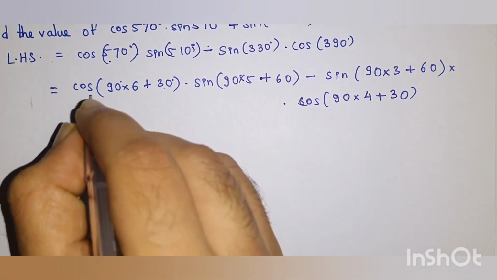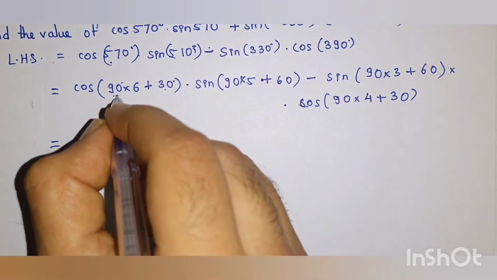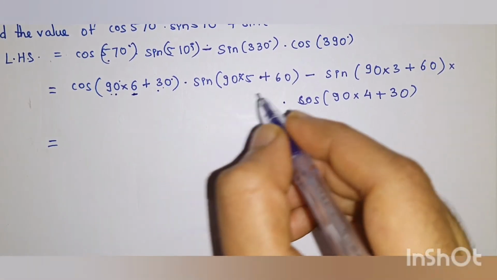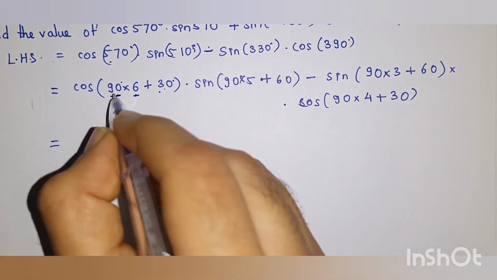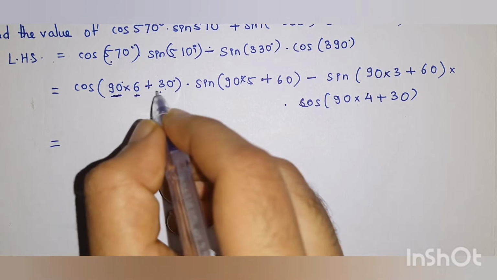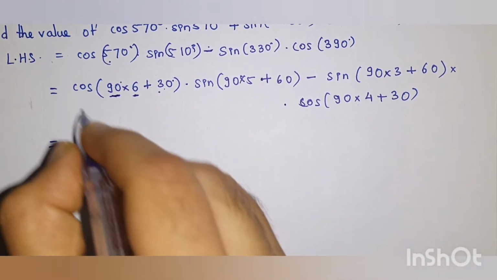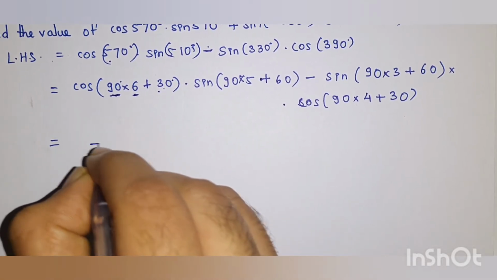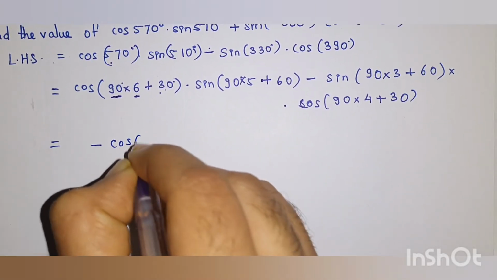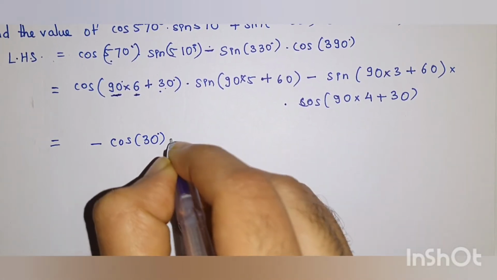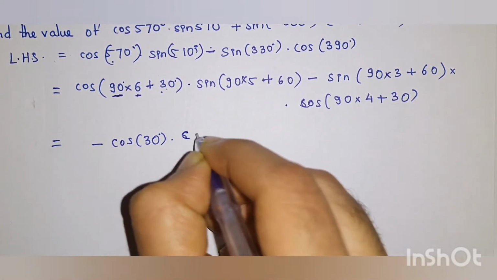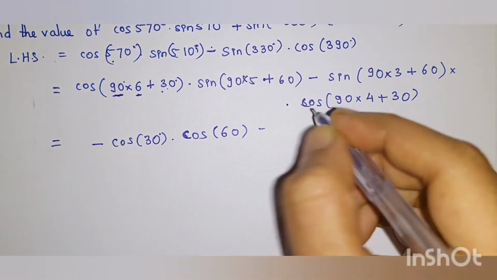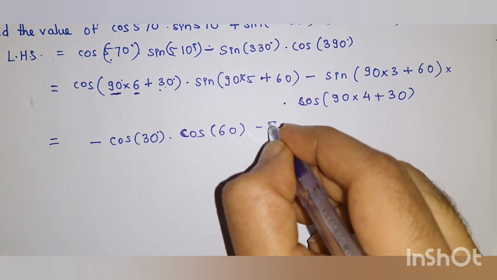Now further, for cos of any angle you can apply 90 plus theta directly, as this is the common factor. This 90 will change the angle as in 90 plus theta, so for cos of 90 plus theta it is minus of cos of 30 degrees into cos of 60 degrees, with the minus sign in the bracket.